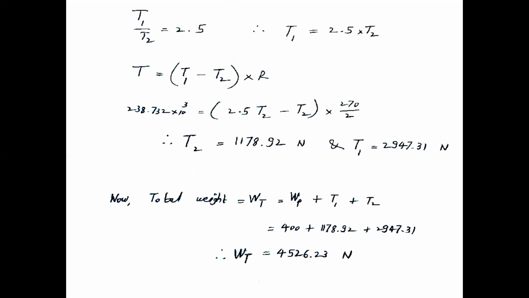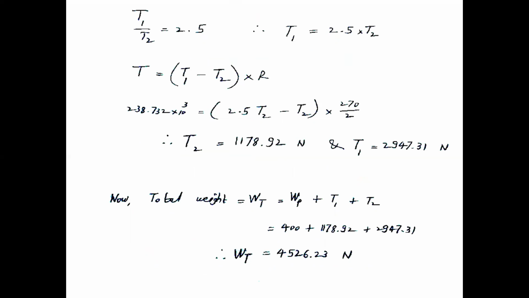Now here, we are interested in the forces on the pulley which create bending. Weight of the pulley is known, but T1 and T2 are not directly given. So look at T1 by T2 equal to 2.5, so T1 equals 2.5 times T2.